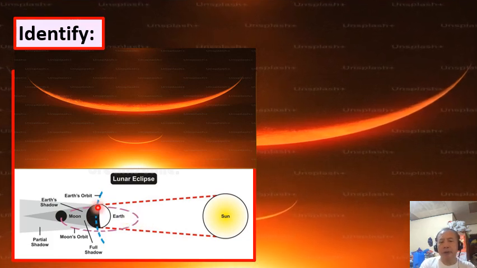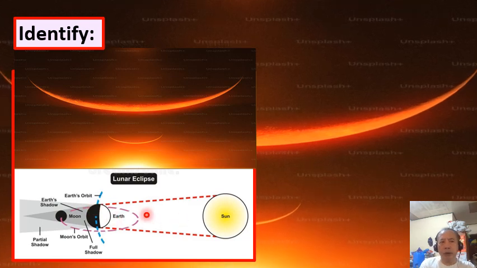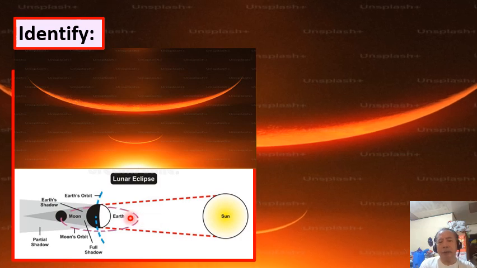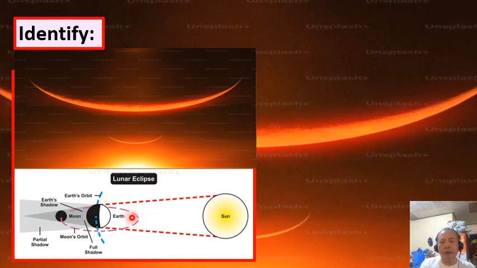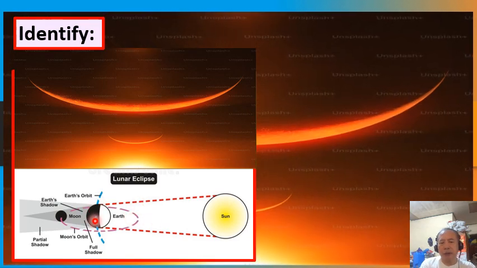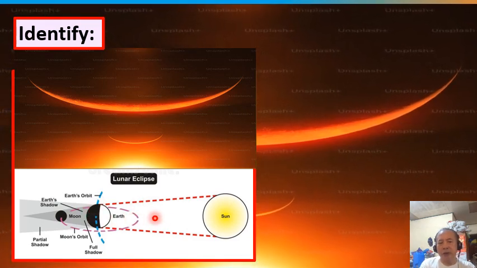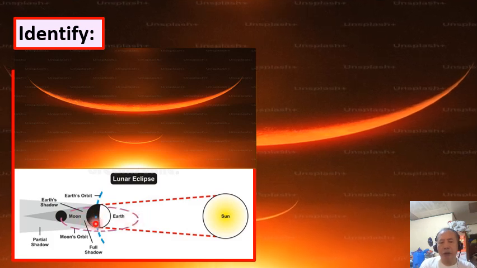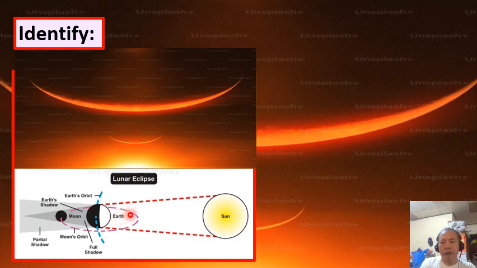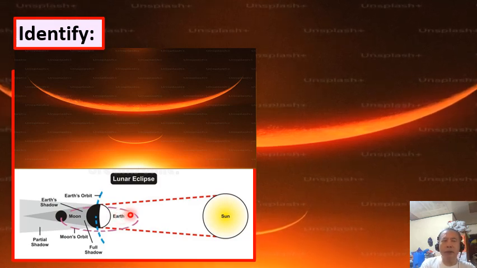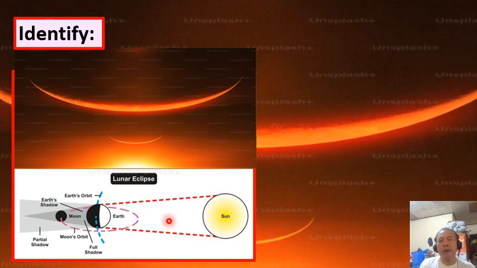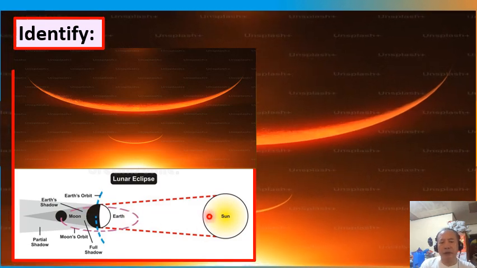We know that although the moon revolves around the Earth every month, we don't see a lunar eclipse every month, and that is because the orbit of the moon around the Earth is somewhat deviated or inclined relative to the orbit of the Earth around the Sun.